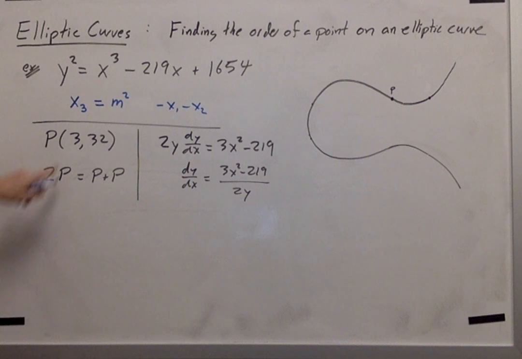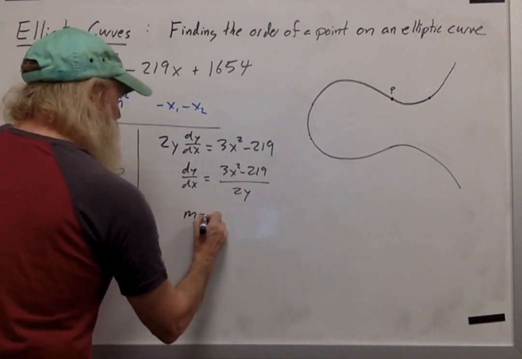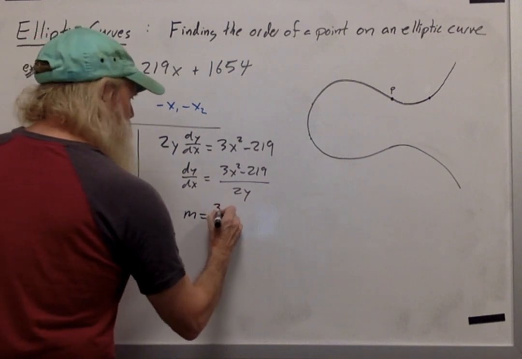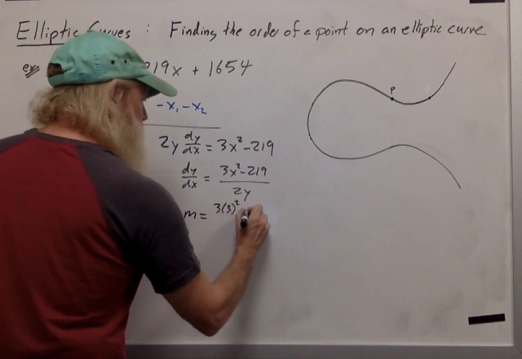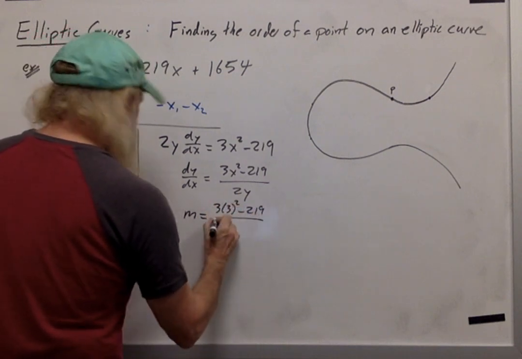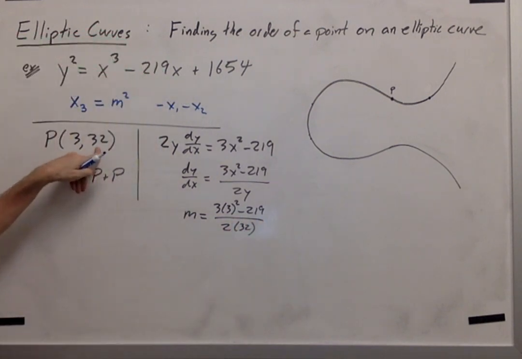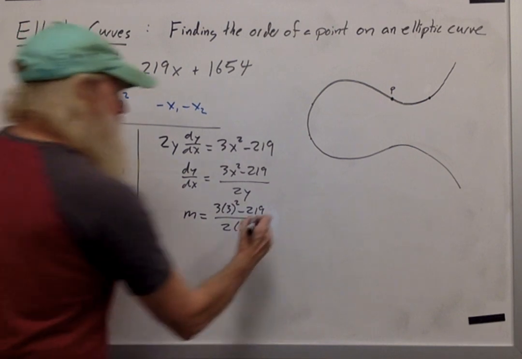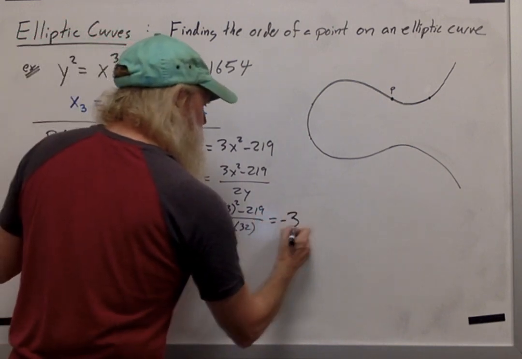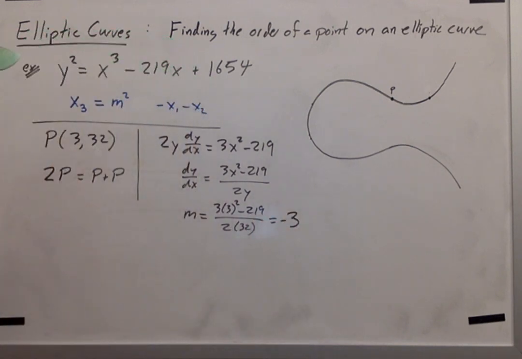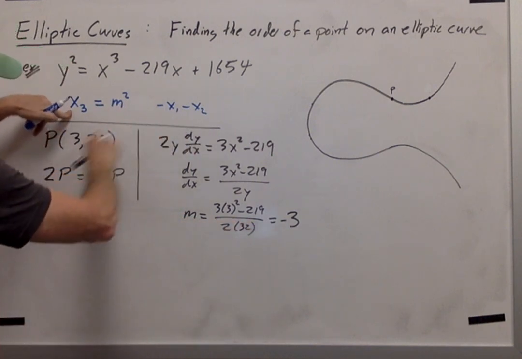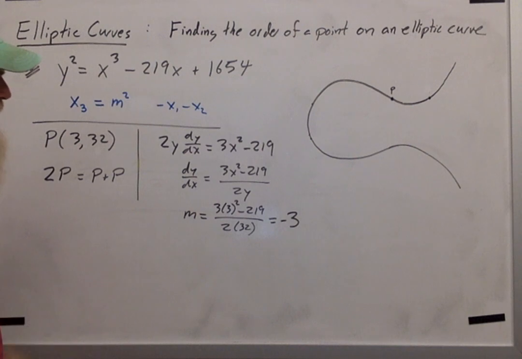So in particular, at the point (3, 32), the slope is going to equal (3 times 3 squared minus 219) over (2 times 32). And if you simplify that, you get negative 3. Now, if you want to, you can go ahead and substitute this and 3 twice into this formula to get x3.